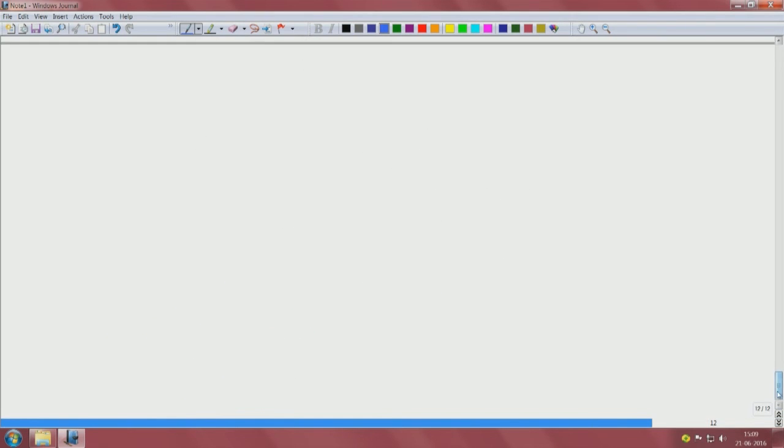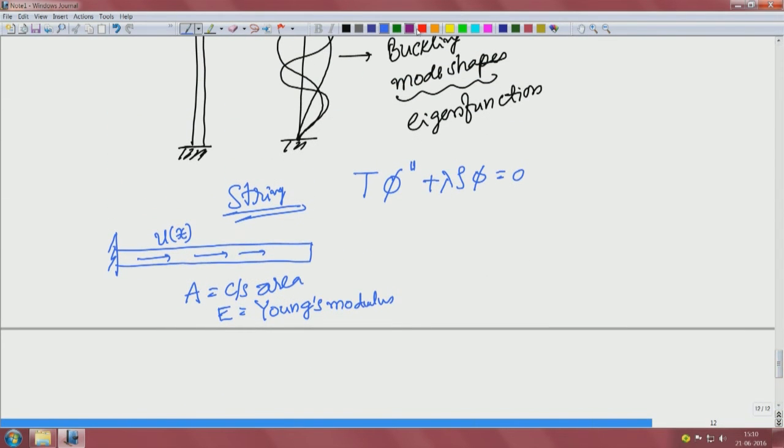The eigenvalue problem that we write there will be E A U double prime plus lambda rho U equal to 0, where rho is the mass per unit length. Okay. E is Young's modulus and A is the area of cross section.